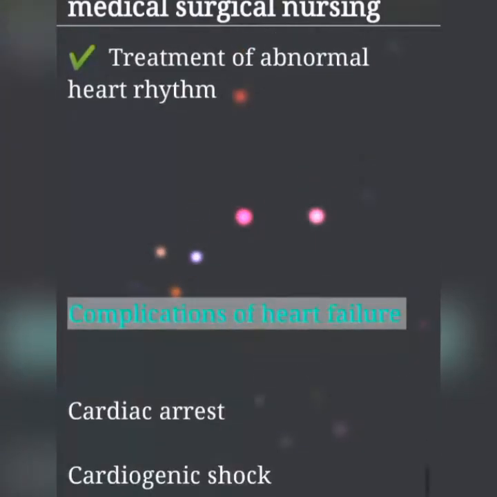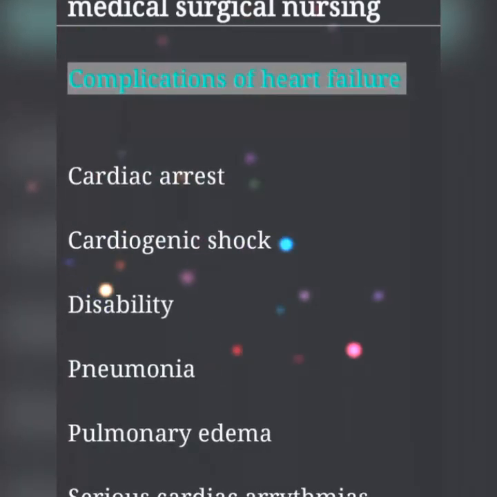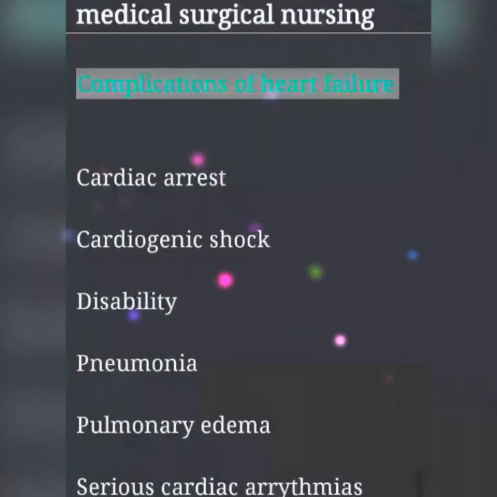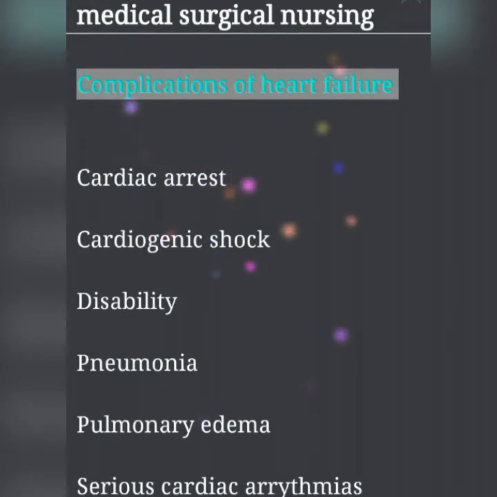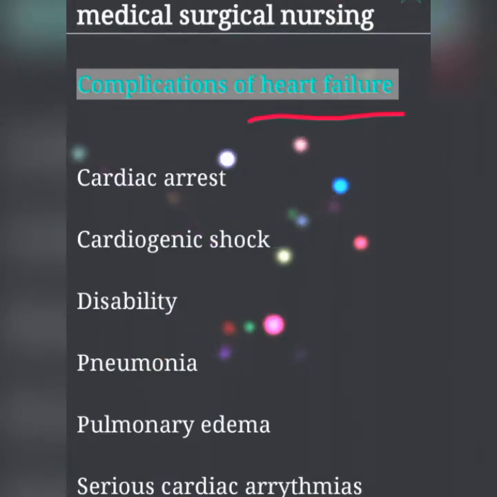Next are the complications that we face. What are the possible complications of congestive heart failure? Congestive heart failure impacts the quality of life and can lead to serious and permanent disability.